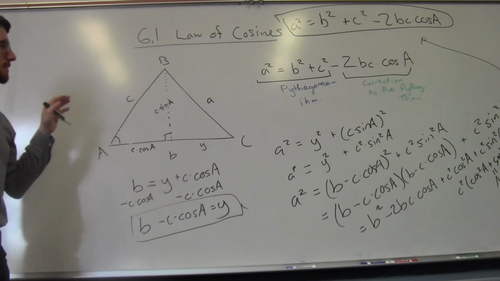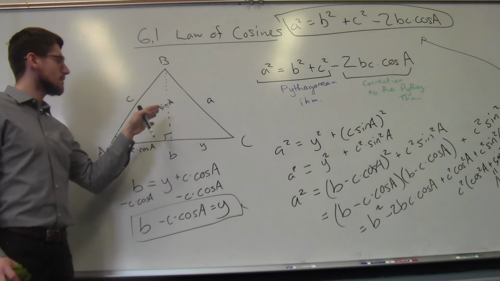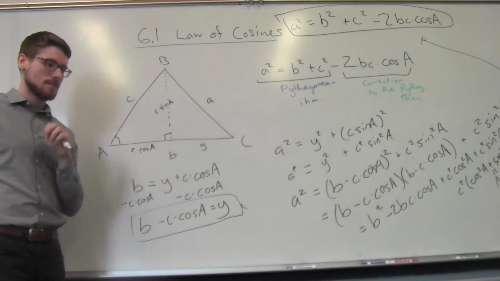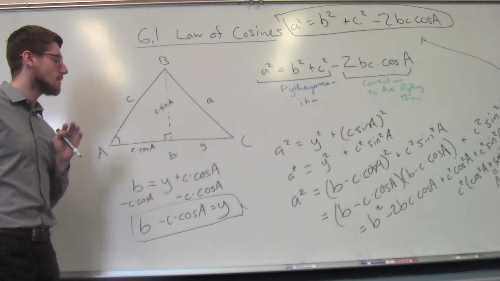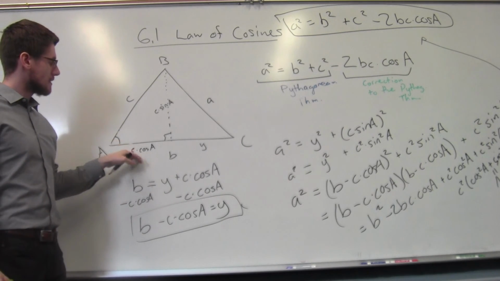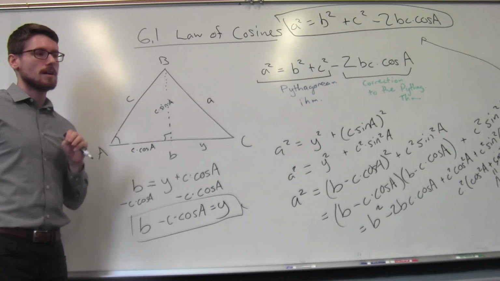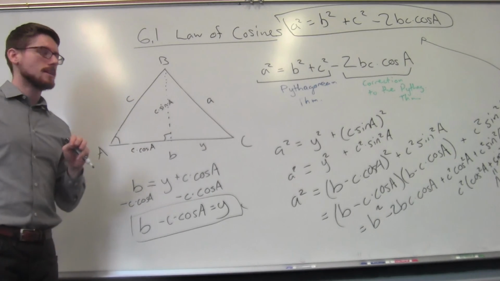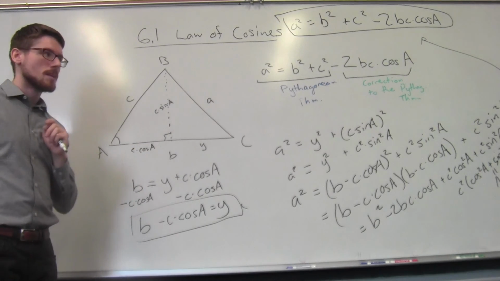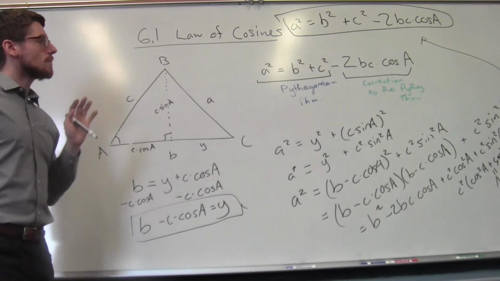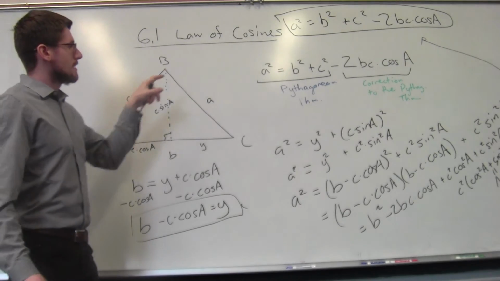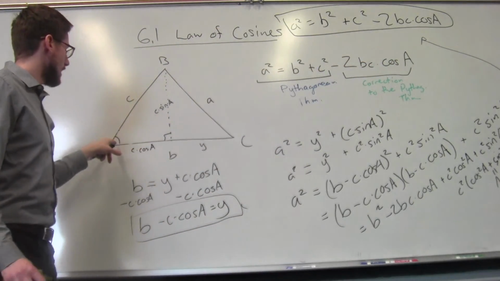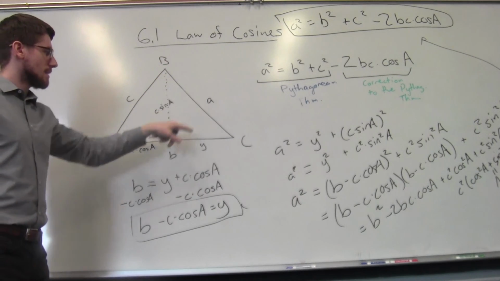So the key in this proof was finding right triangles within this non-right triangle, and then getting these sides in terms of the angle A and the sides C and B. But note, one thing that's very important is that this statement here does not depend on these letters really.